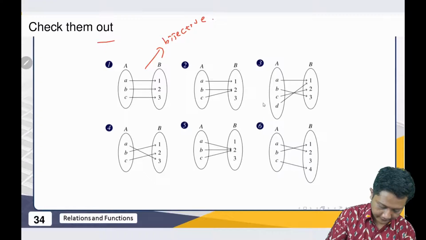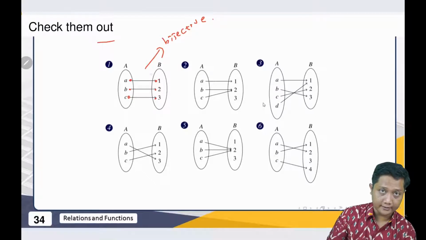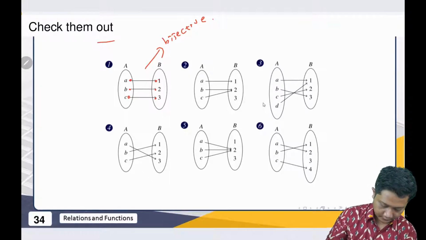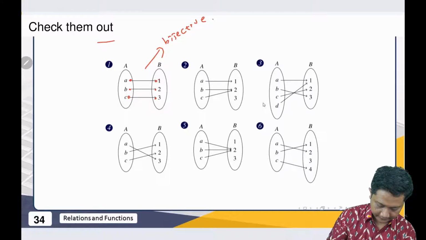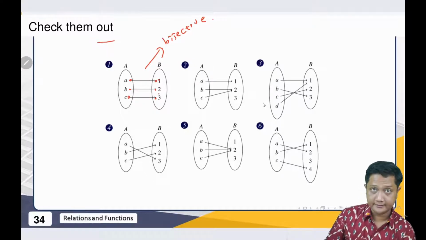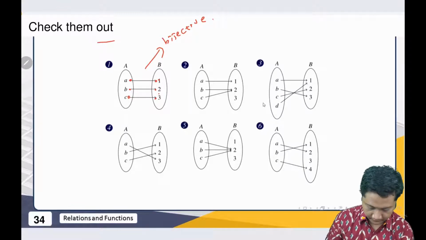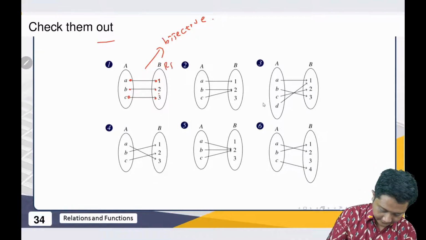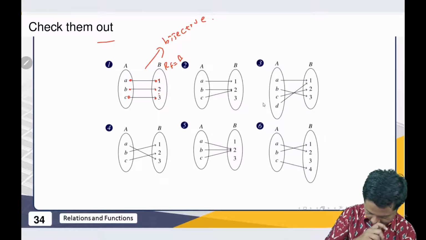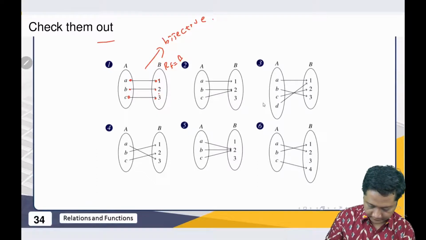Because every element in A has exactly one element in B, and every element in B has a map in A. So we can see the range of f is equal to B, and injectivity is also satisfied.